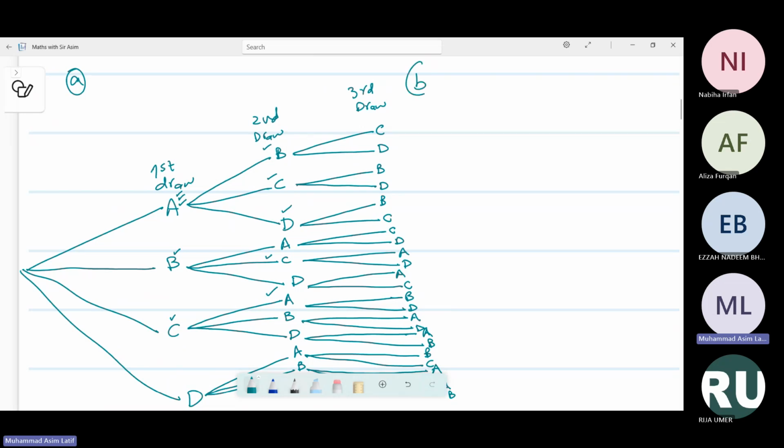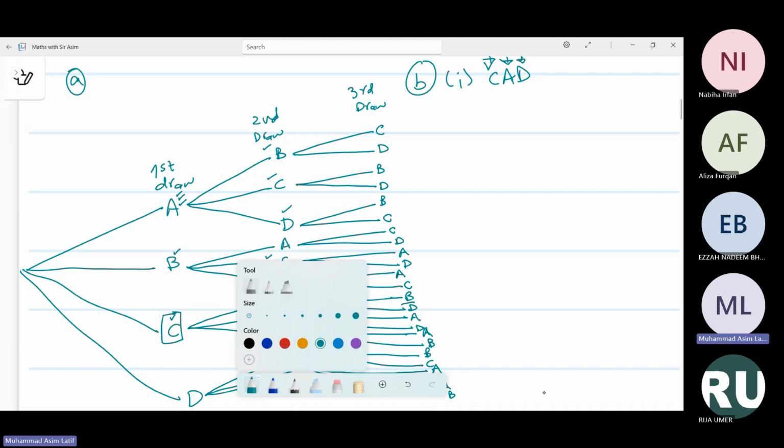For part B, first part, CAD. Now, consider that the first card has to be a C. Then the second card has to be an A, and then the third card has to be a D.